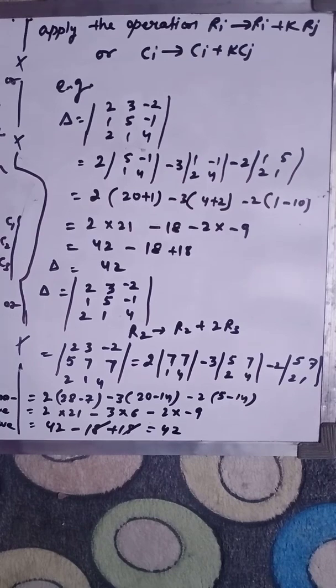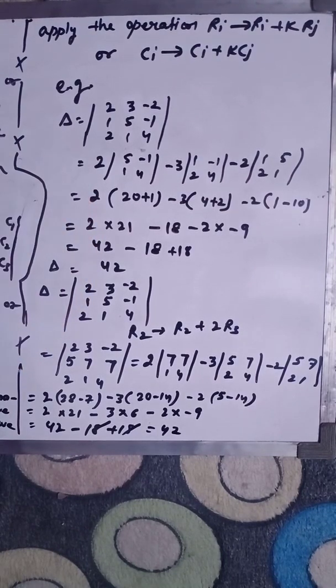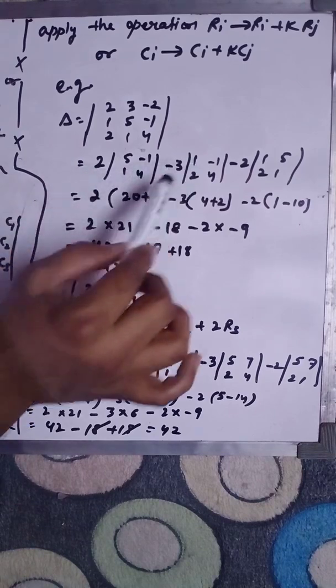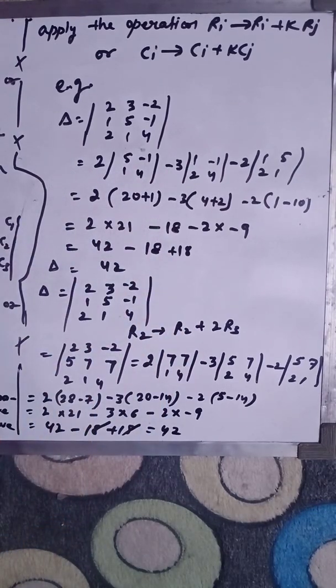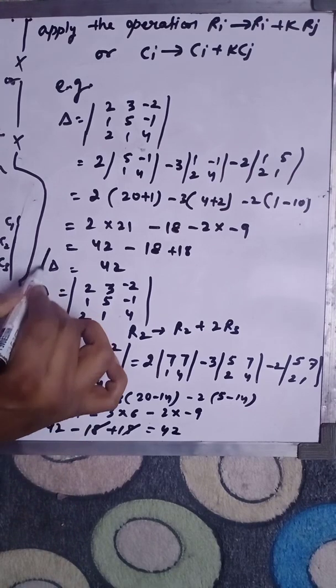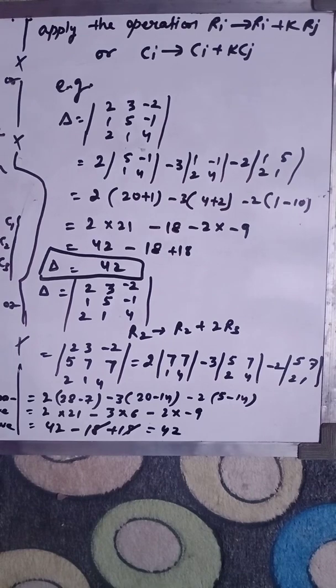Here it is. Fine. So here we have this determinant. We are expanding this determinant and we will get the value of this determinant, that is 42. I know you can calculate this determinant.